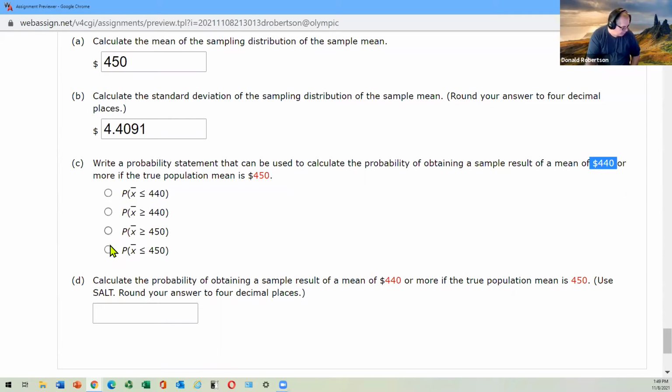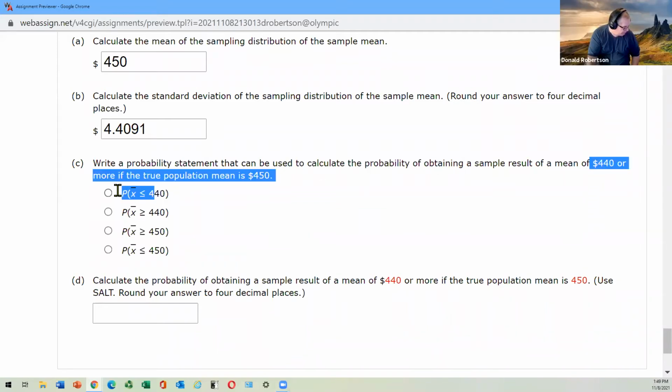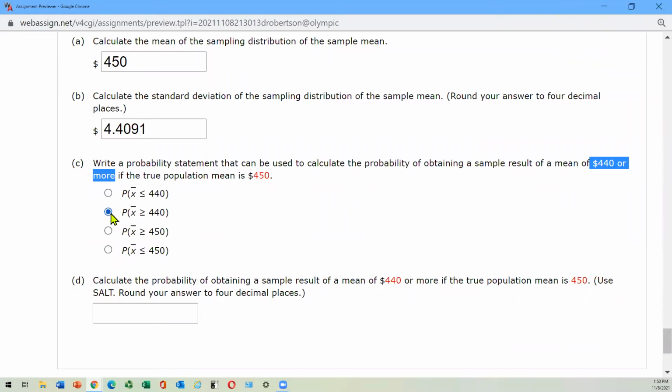Which one of these four dots represents that? A mean of 440 or less. The first one? Oh, wait a minute. I'm apologizing. 440 or more. Which one of those is 440 or more? Is that the second one? That's the second one. The question I asked a few seconds ago would have been the first one, but they want to know 440 or more.